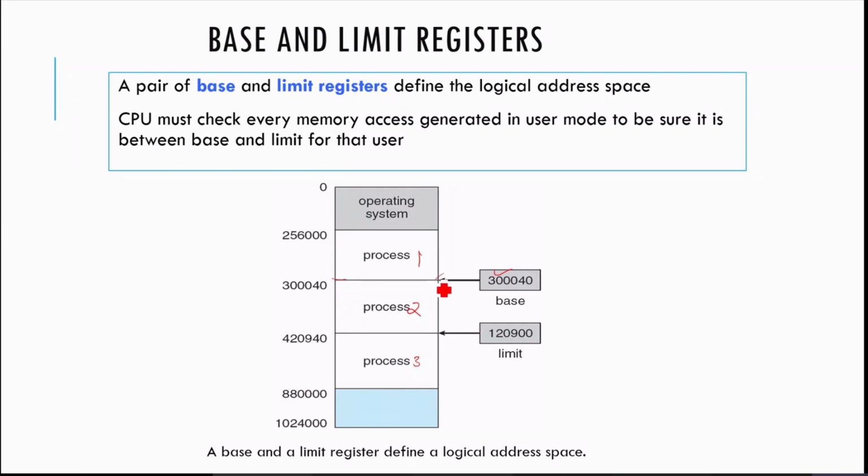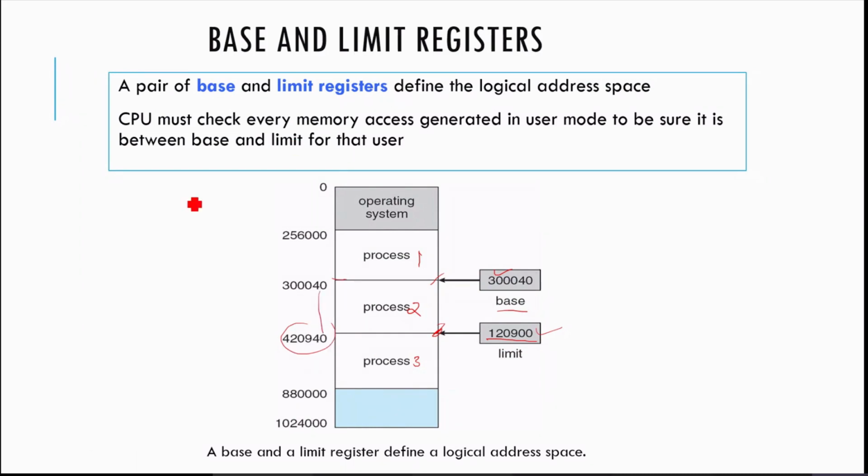For that the base register is set to this, which means 300040 is the starting or base address. The next value is the limit. This limit register is telling that my limit is up to this much, and it is written as 120900. How did we get it? By taking the difference, so this is the range.